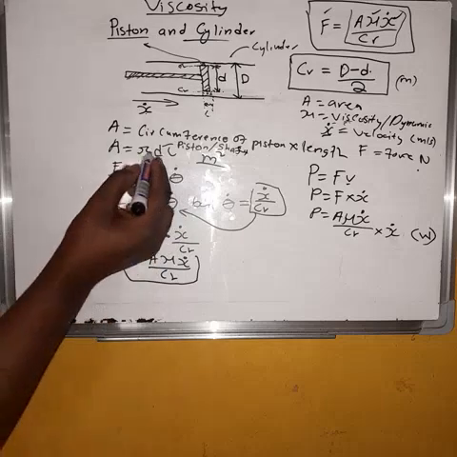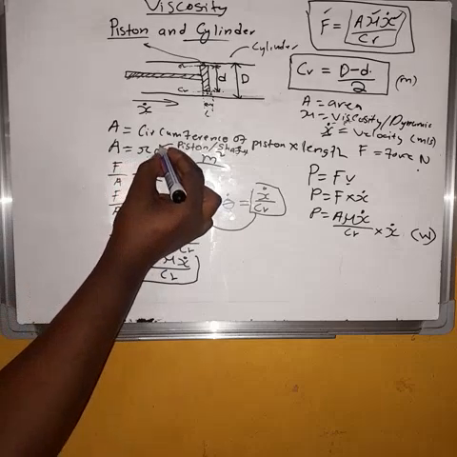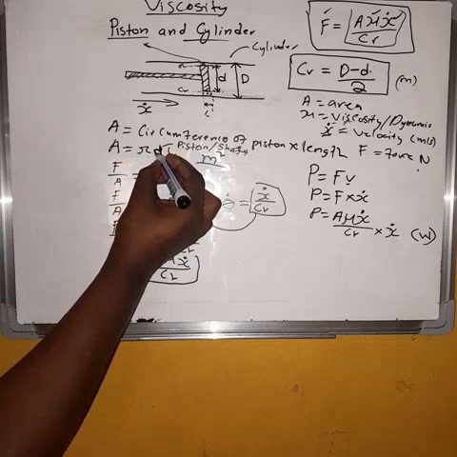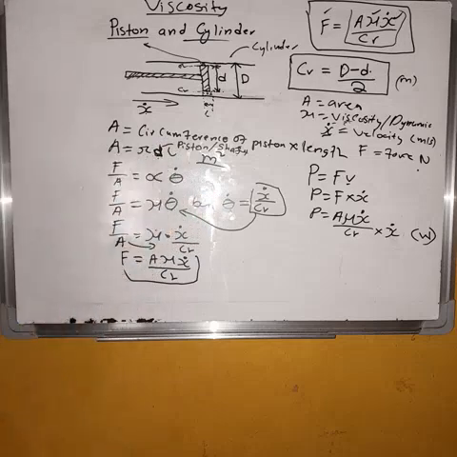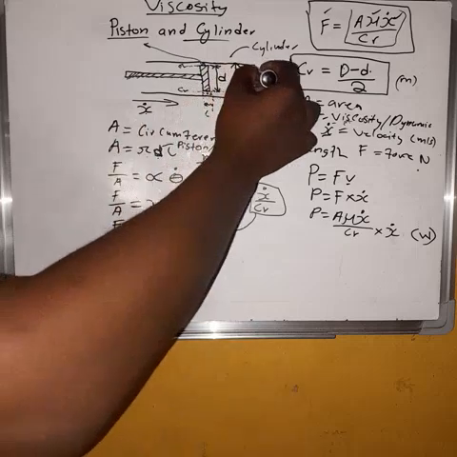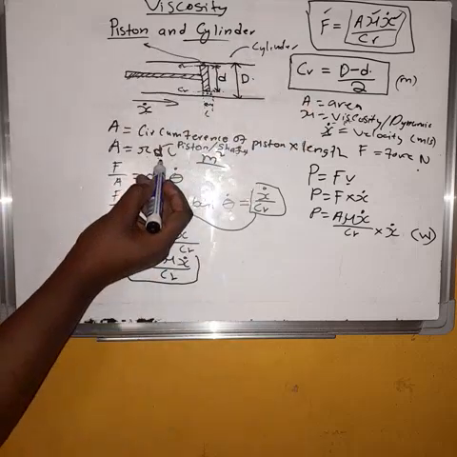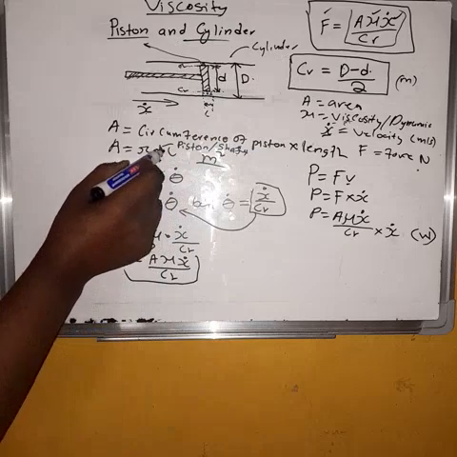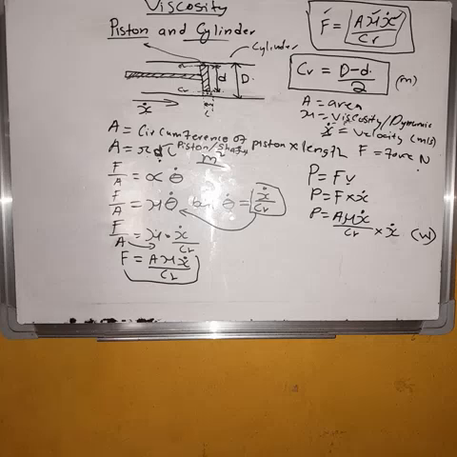This d, when you are calculating the area, must be the small d, not the one of the cylinder, but the d of the piston or shaft. Make sure not to forget that.